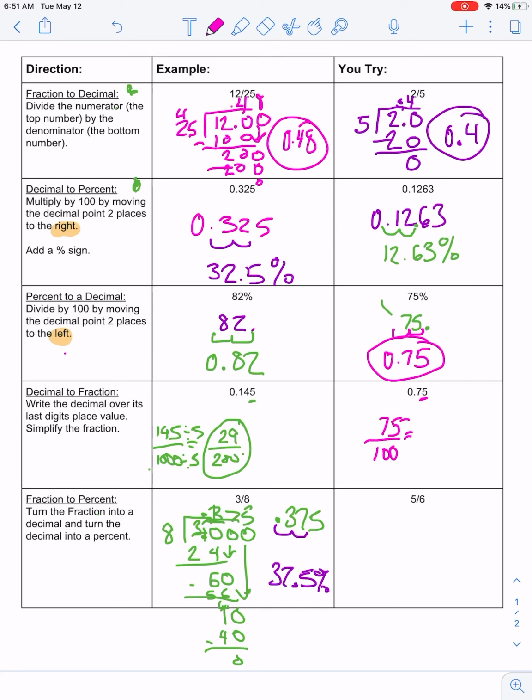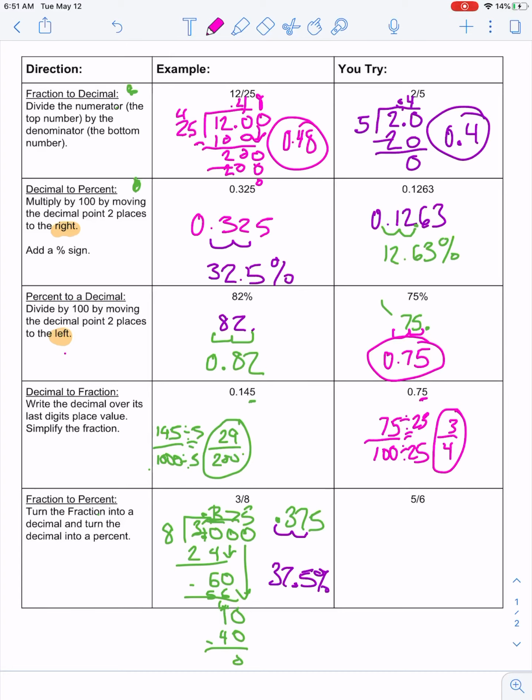We know that 25 goes into both of these because they both can be made by quarters. So there's 3 quarters in 75 and 4 quarters in 100. So our fraction would be 3/4.